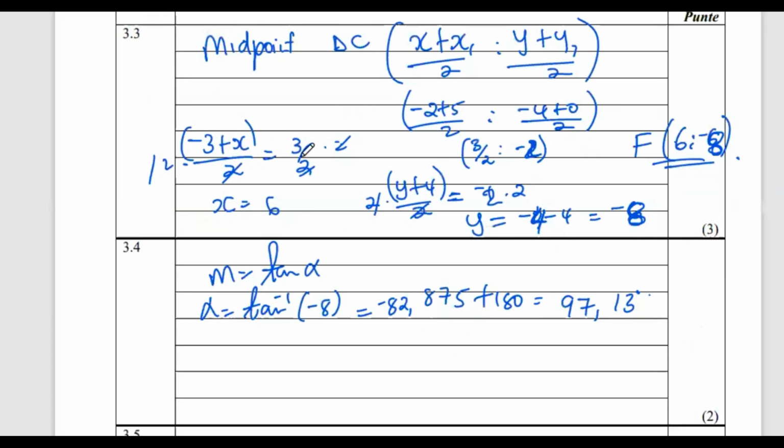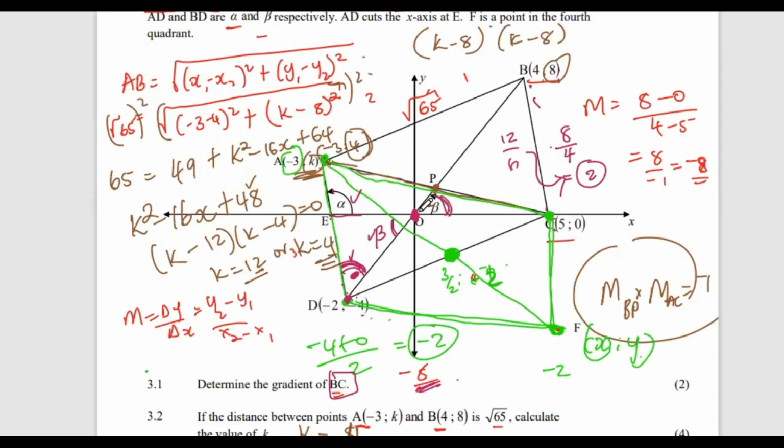So my beta is going to be shift tan of 2, which is giving me 63,43. So this angle is 63,43, and it's the same as this because they are vertically opposite.